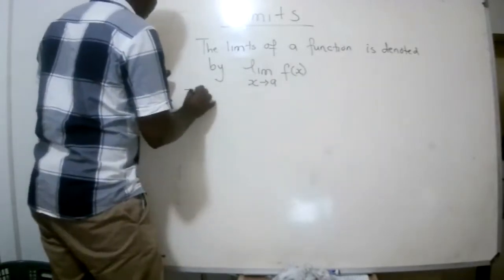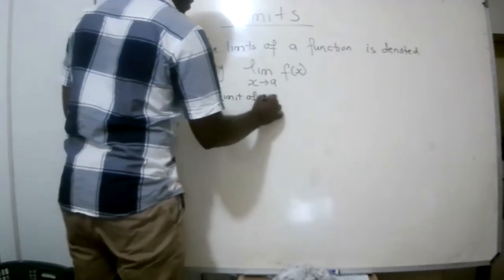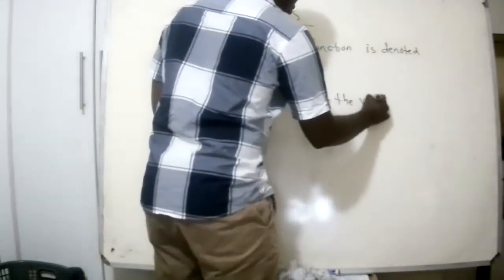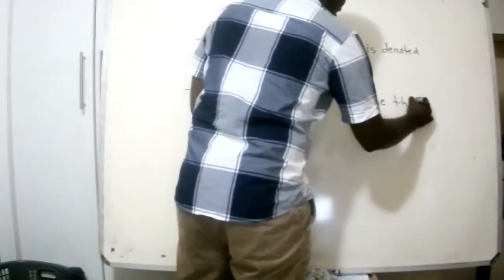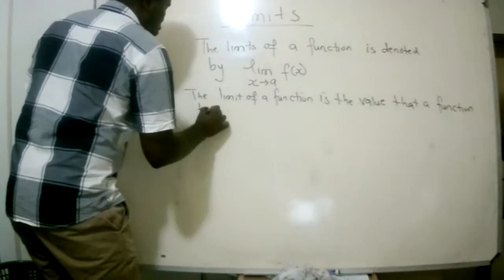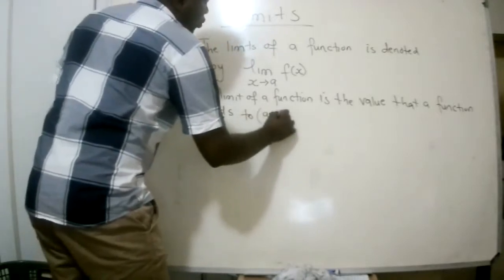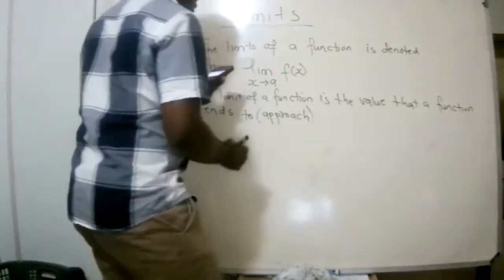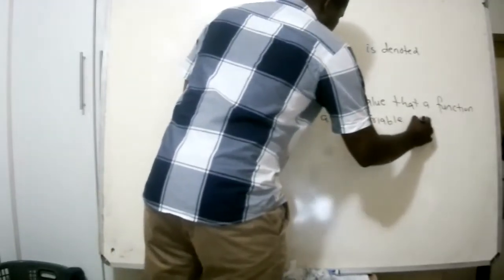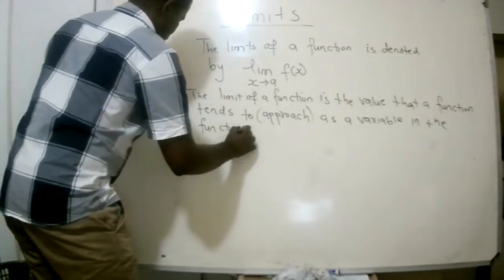But now, the formal definition of the limit: the limit of a function is the value that a function tends to, or approaches. Some use the word approach, some use the words tends to, as a variable in the function changes.